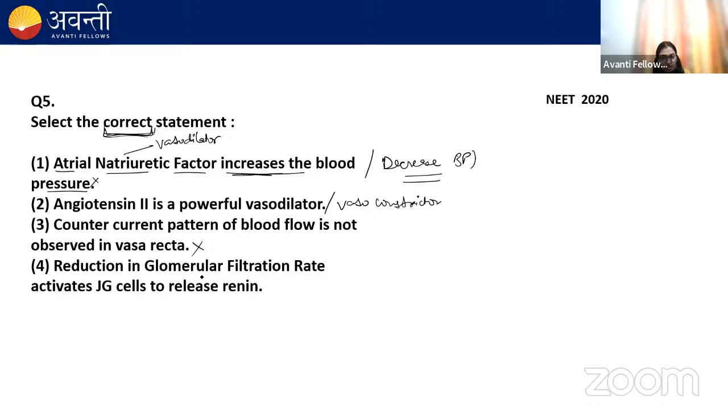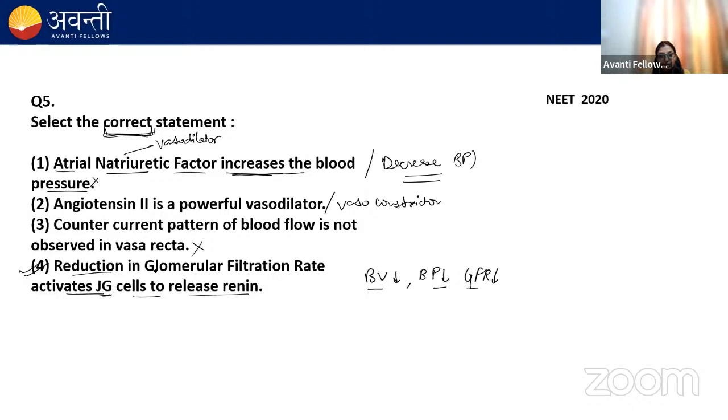Next is reduction in glomerular filtration rate activates the juxtaglomerular cells to release renin. Yes, this is absolutely correct. Because when the blood volume decreases or the BP decreases, the glomerular filtration rate also decreases.